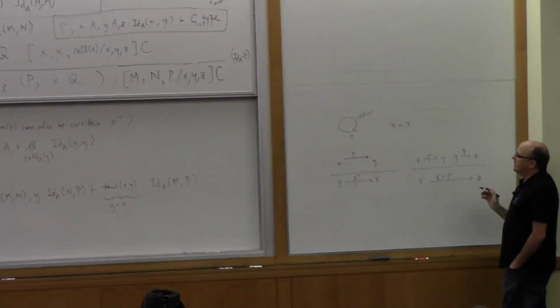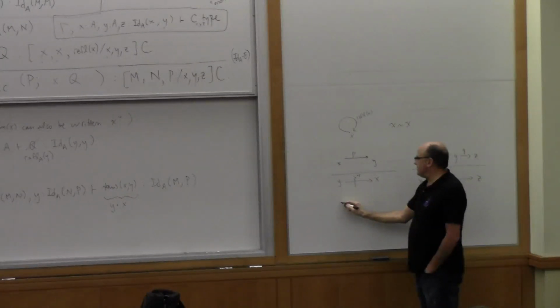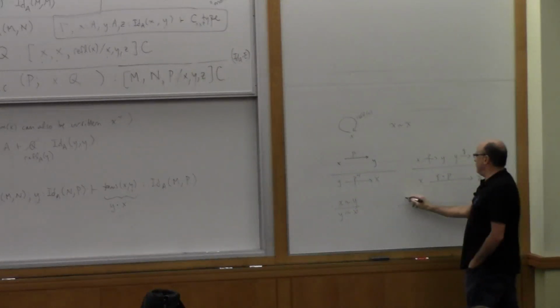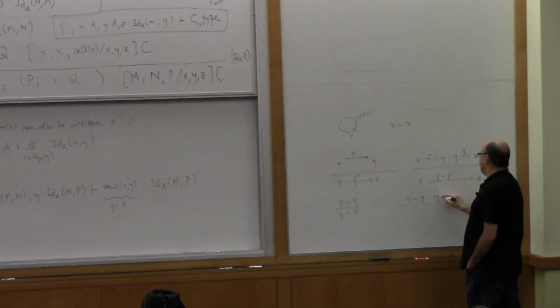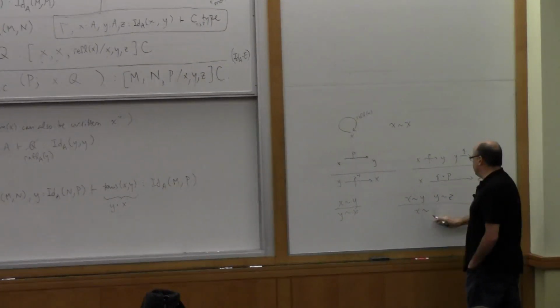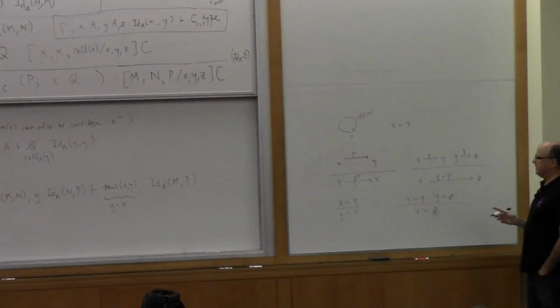Okay? So x is related to x. And this tells us that if x is related to y, then y is related to x. And this tells us that if x is related to y and y is related to z, then x is related to z. That's what is being said here.